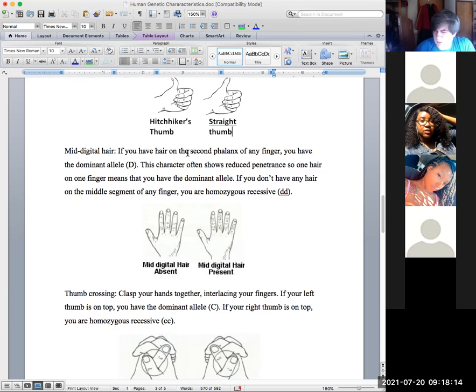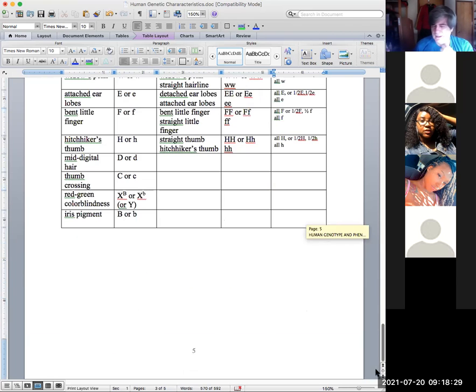And to find out if you have mid-digital hair, you're going to check all your fingers, except your thumb. Your thumb only has two. You're going to check along here, and you're going to look for even one hair. If you have one hair, you have something called mid-digital hair.